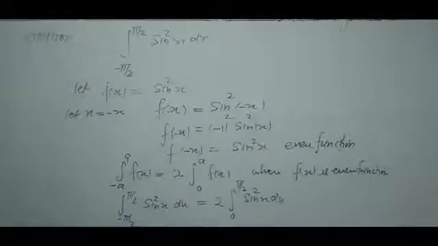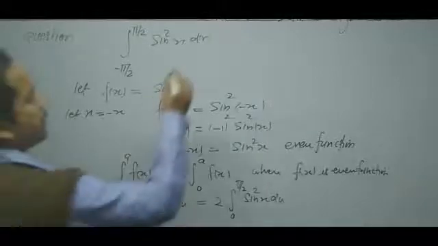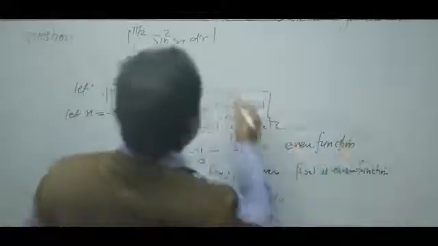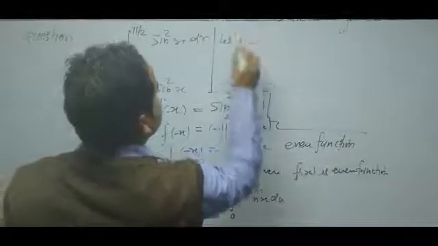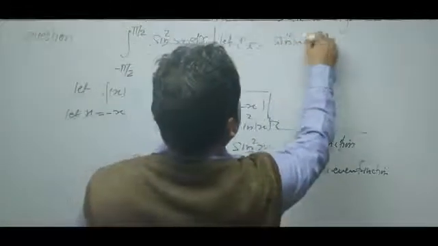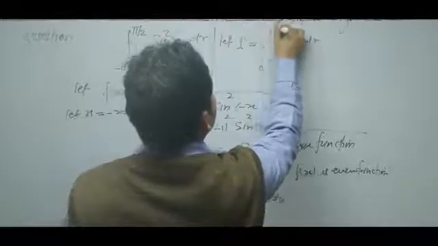And now sine square x, you know this is (1 minus cos 2x) by 2 also. Now suppose this is I. Let I is equal to the integral of sine square x from 0 to pi by 2.